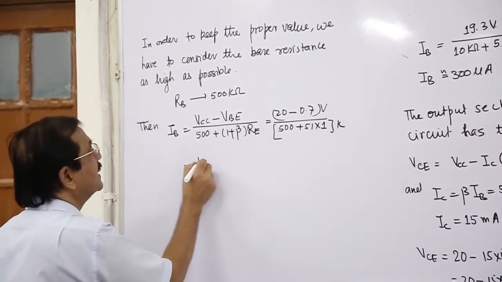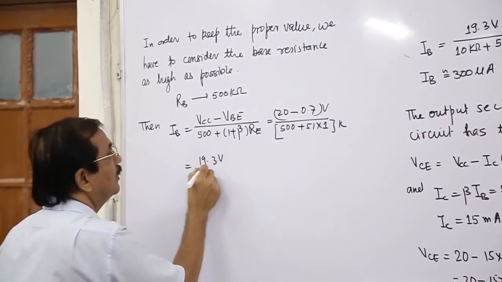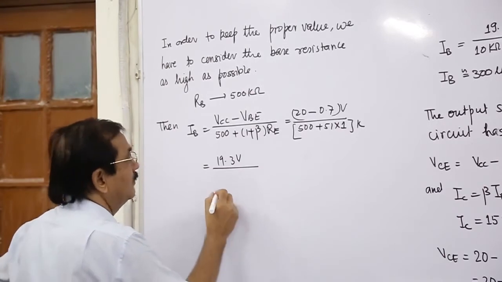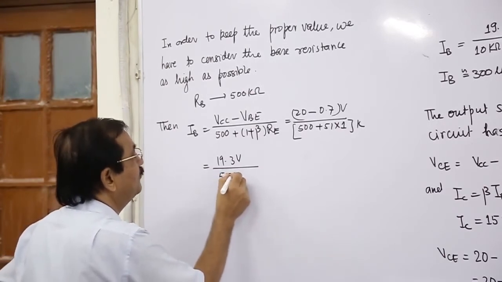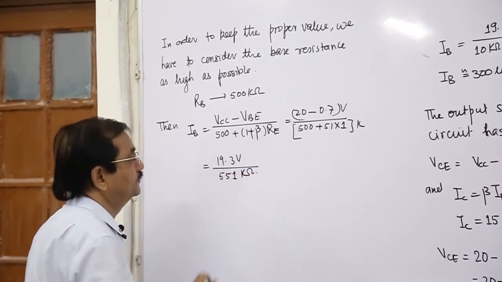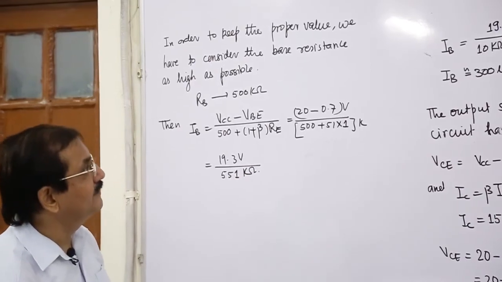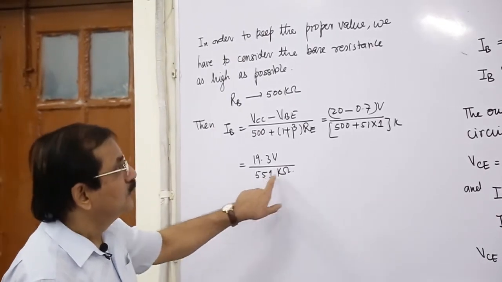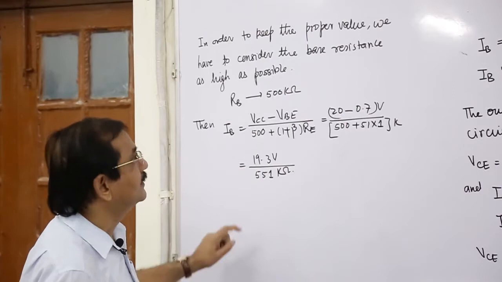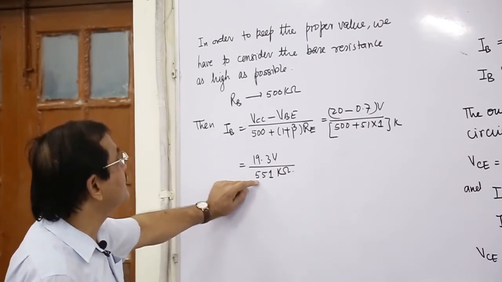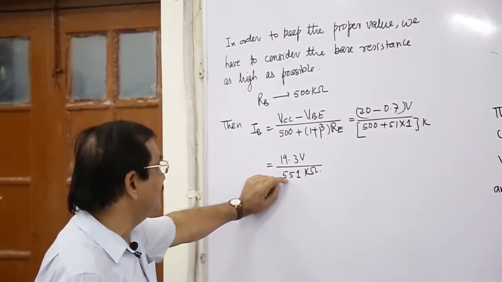So, this is 19.3 volt divided by 551 kilo. So, the resistance is increased very high.